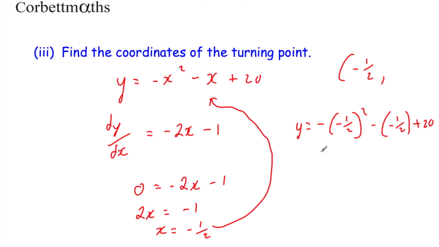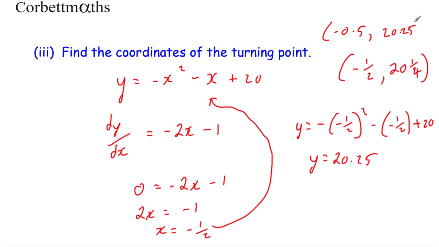And you can just type that into your calculator. When you do that, you get an answer of y is equal to 20.25 or 20 1/4, or I suppose even as a top heavy fraction, 81 quarters. I'm going to write it as 20 1/4. And that's it. So that's the coordinates of the turning point, -1/2, 20 1/4, or I suppose you could write minus 0.5 and 20.25.